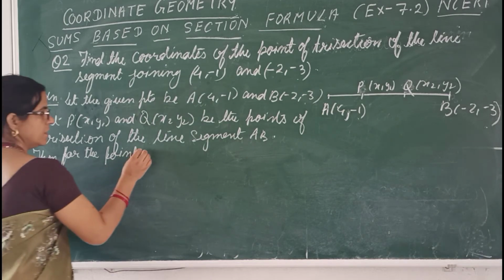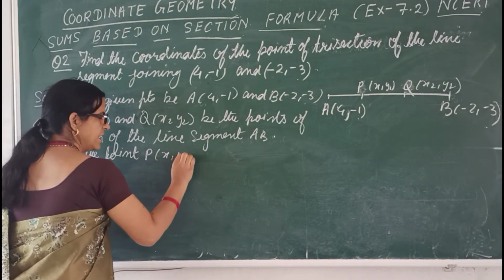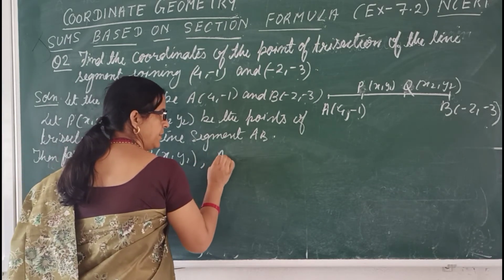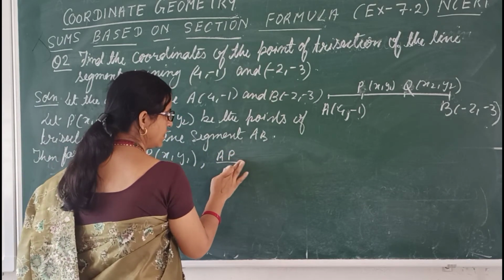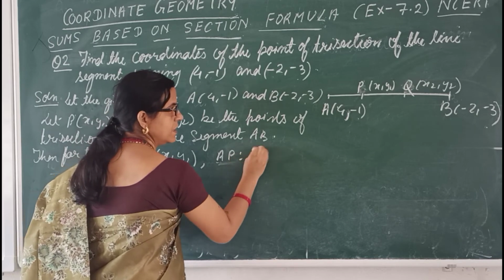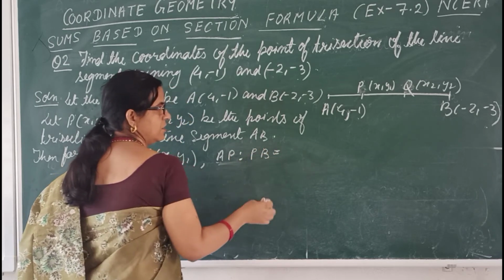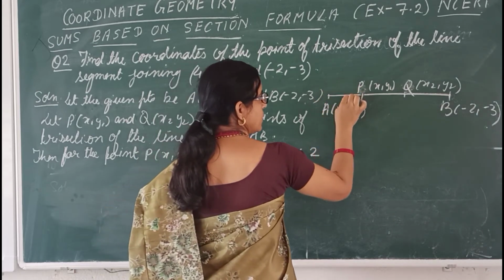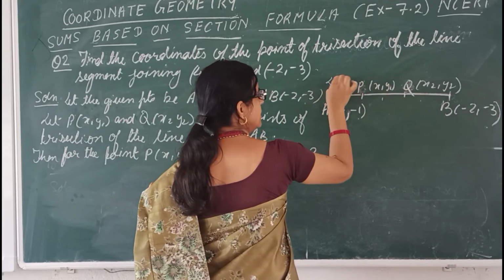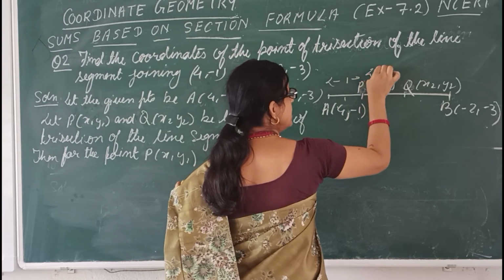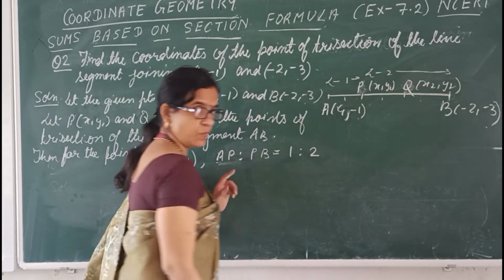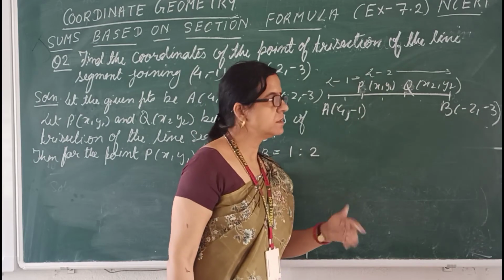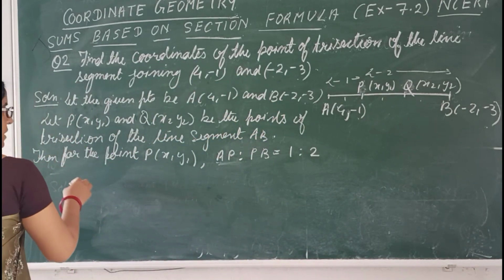Then for the point P (x1, y1), let us write in the ratio form, AP is to PB equals 1 is to 2. So if it is 1, 1, 1, then this will be 1 and this will be 2. For the point P, similarly for the point Q, this will be 2 and this will be 1. So in this way we can.